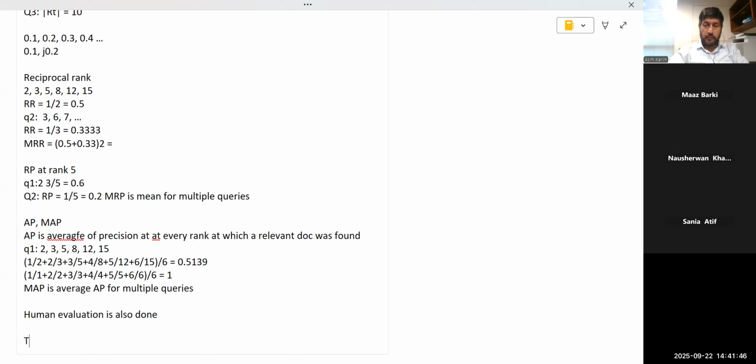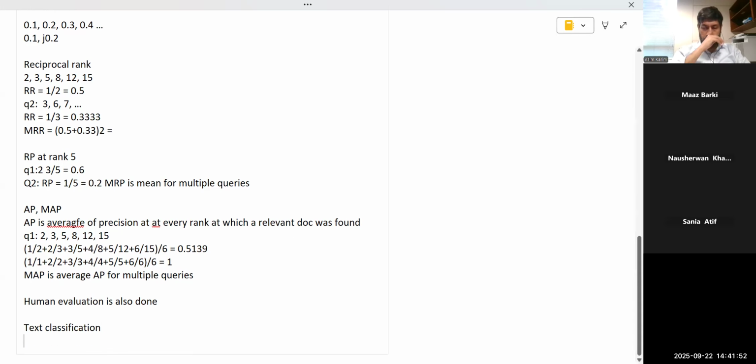Okay, now let's move on to text classification, the other application. ठीक है. So text classification is by far the most popular application in NLP or in text mining, and it has numerous applications as well as usages in various settings.